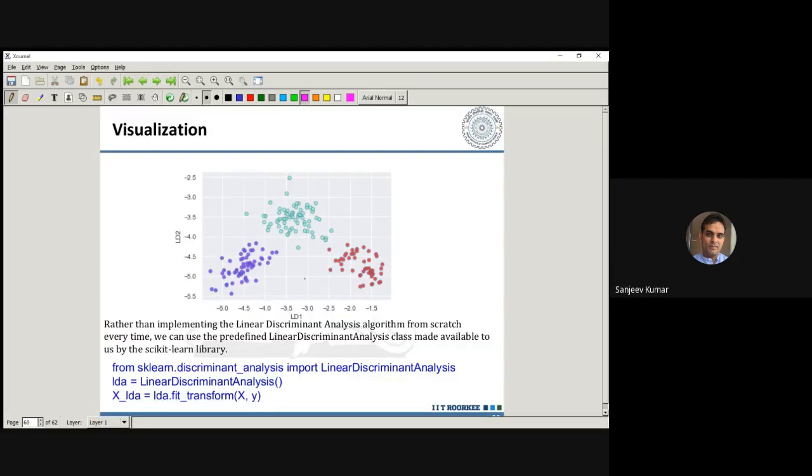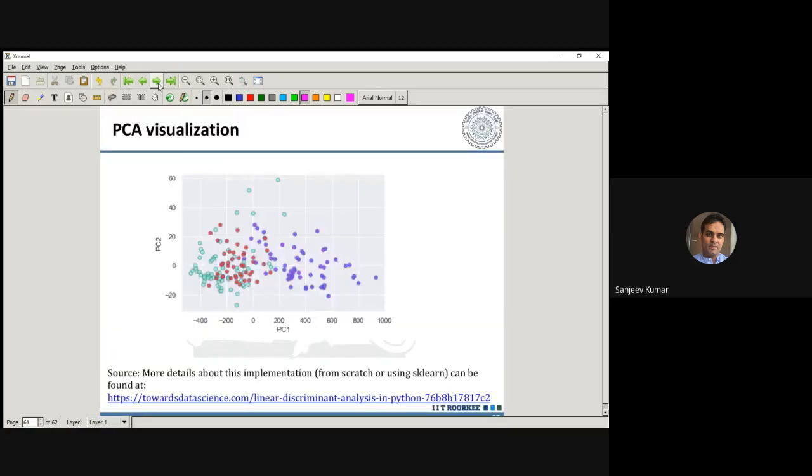So this is the PCA I told you on the Iris data set, not that one. But there is one more data set called the wine data set. This is a data set which has 3 types of Italian wine, and it again has almost 170 samples of Italian wine coming from 3 different wineries, meaning 3 different factories, 3 different brands.